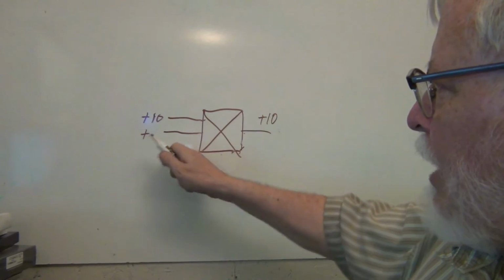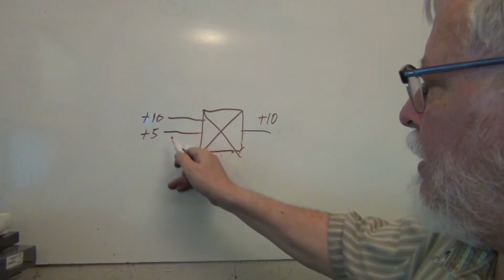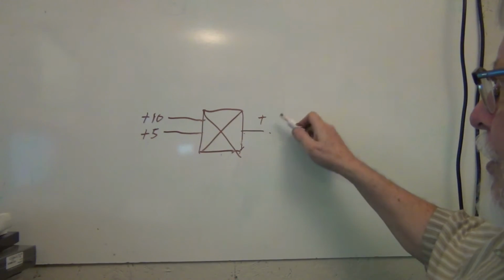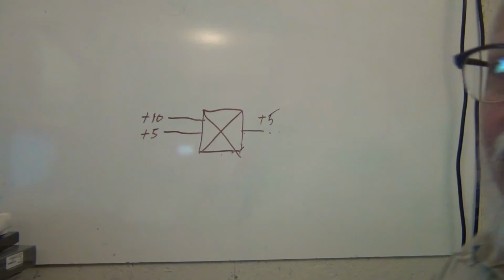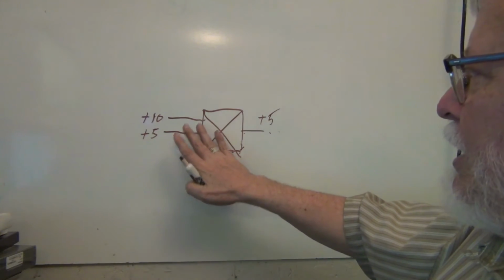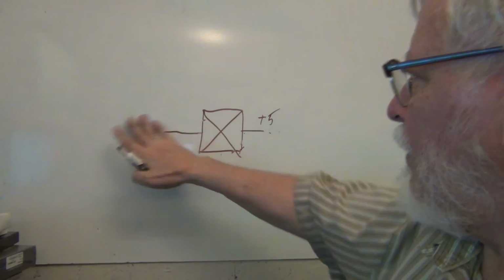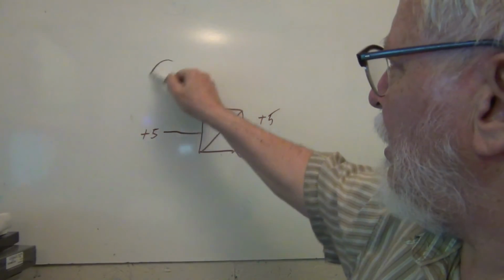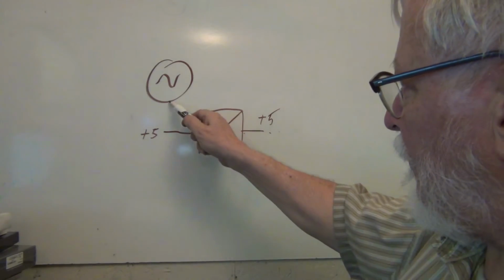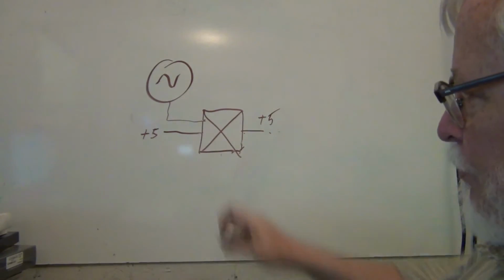Okay, so if we change this to 5, then we're only going to get 5 volts over here. All right, what's it good for? Well, the best thing that you can use a multiplier for, let's take an oscillator that's making a sine wave and put that to one of the inputs.